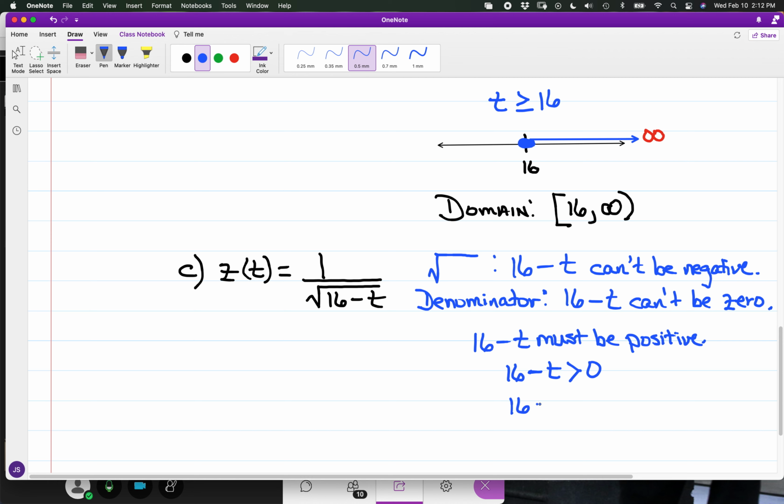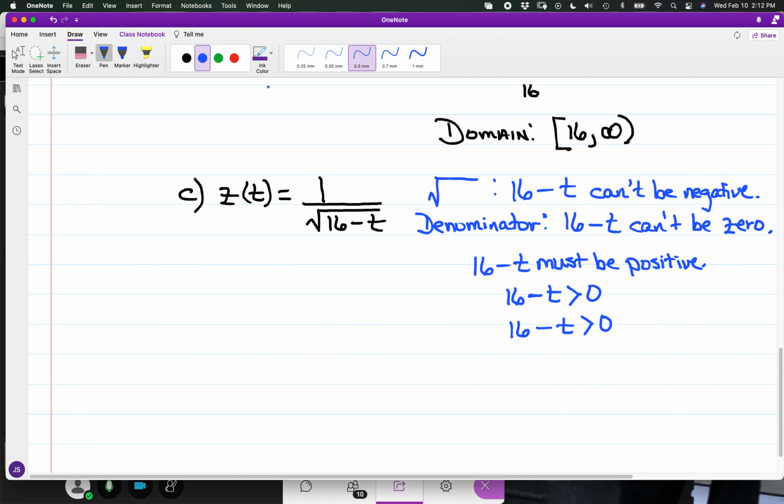and then isolating the t term. Once again, we have subtraction of 16 on both sides. So we're going to have negative t is greater than negative 16. And from part A, we have partial history to repeat.